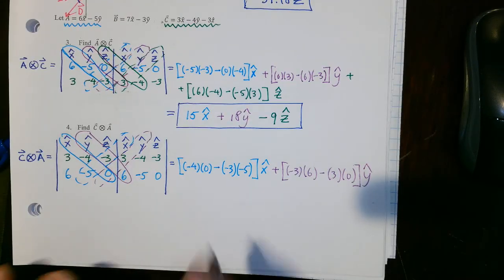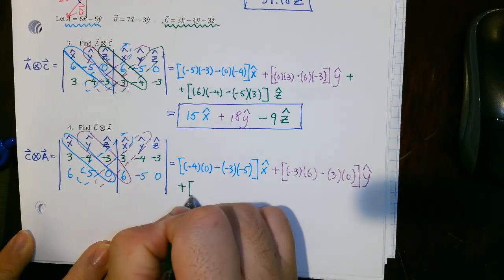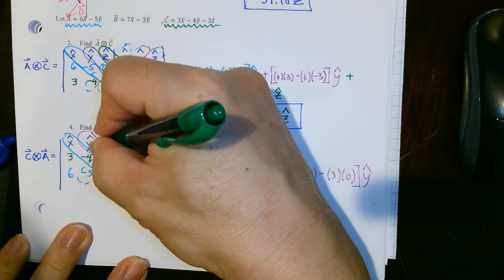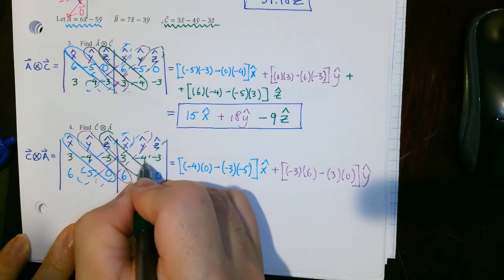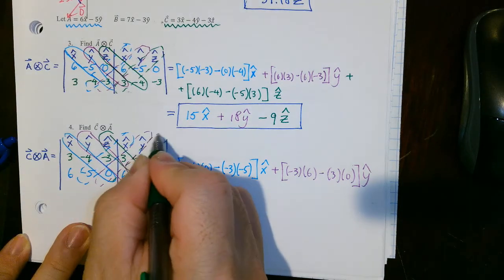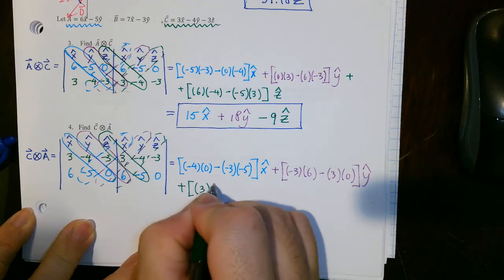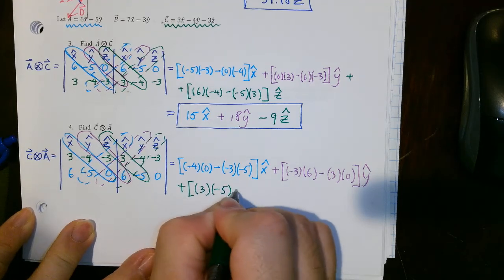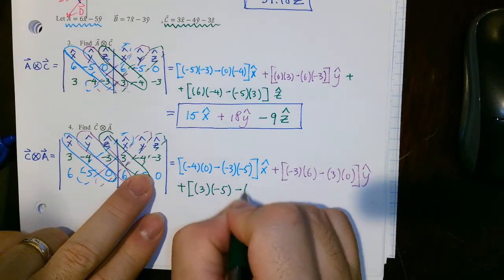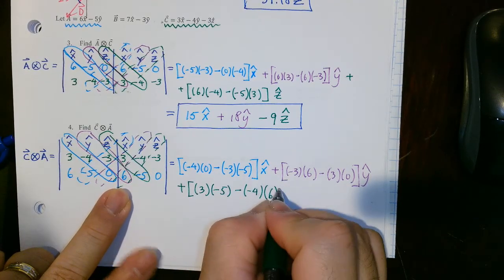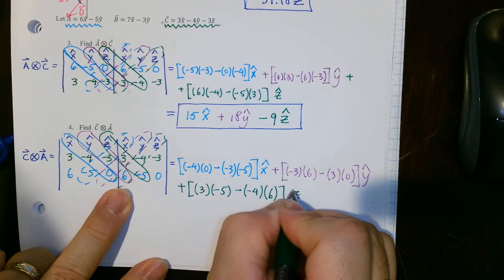And then plus, we'll do this minus that. Therefore, 3 times negative 5 minus negative 4 times 6 z hat.